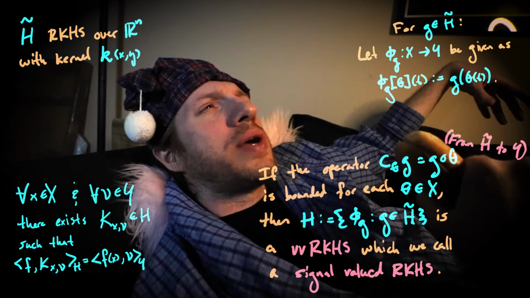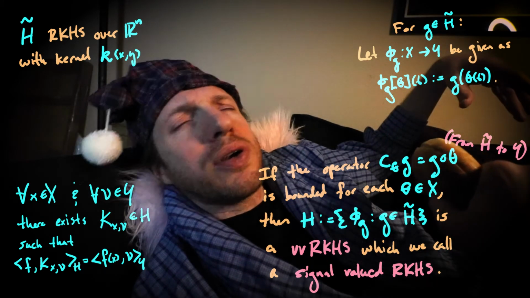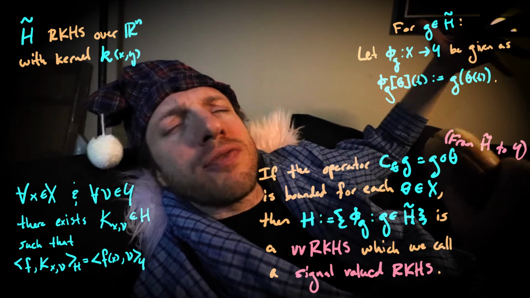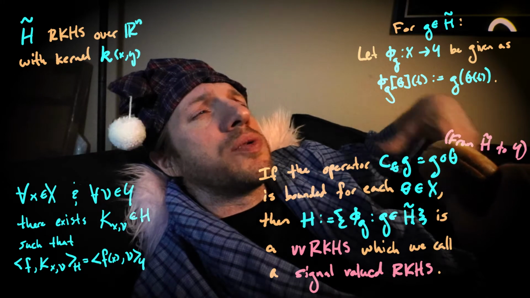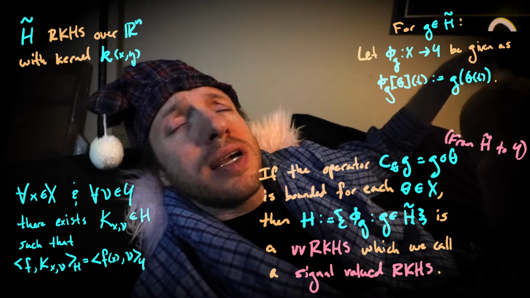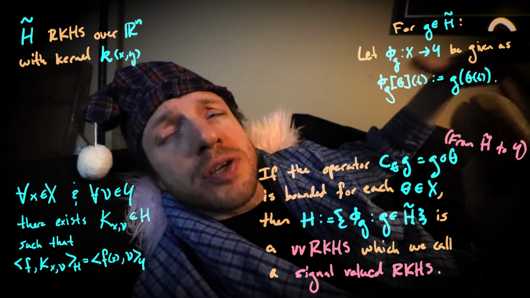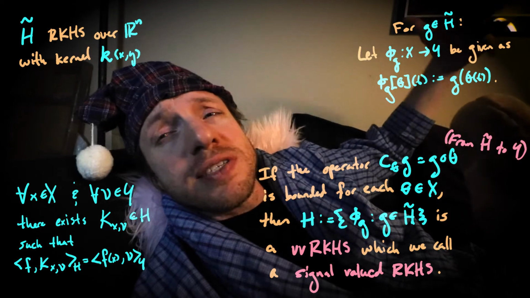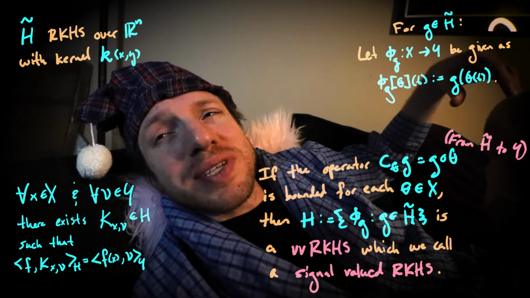And so we basically say that this is going to be our signal-valued reproducing kernel Hilbert space, and we're going to have this canonical mapping from the reproducing kernel Hilbert space that we had to this signal-valued reproducing kernel Hilbert space. This is just going to be the mapping that takes a function g of x to a function, we'll say phi of g, that maps x to y, just like what we were saying before.